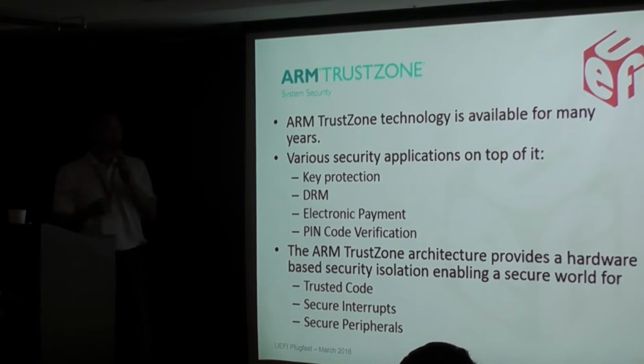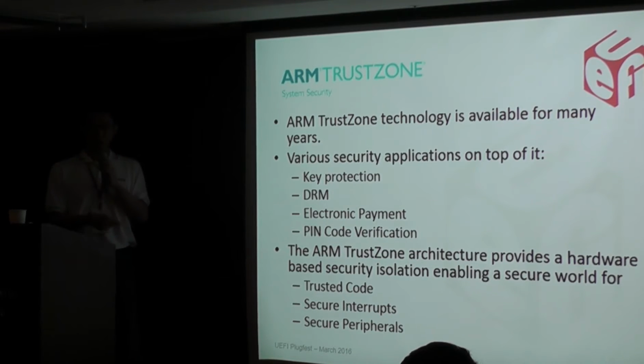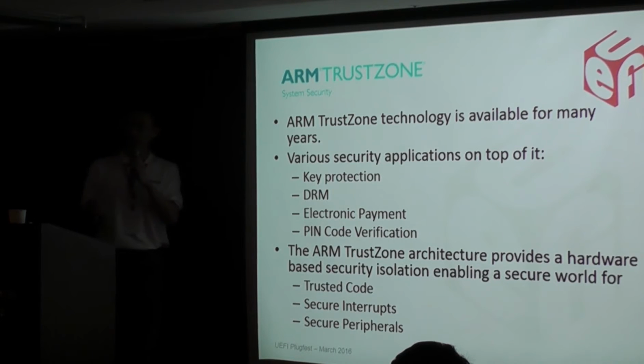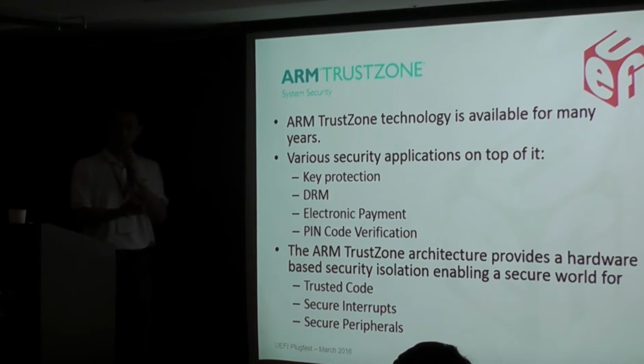For TrustZone, first I will give you a brief introduction of what TrustZone is for and what functions it implements. As we know, many consumer devices like cell phones and tablets already use ARM chips.